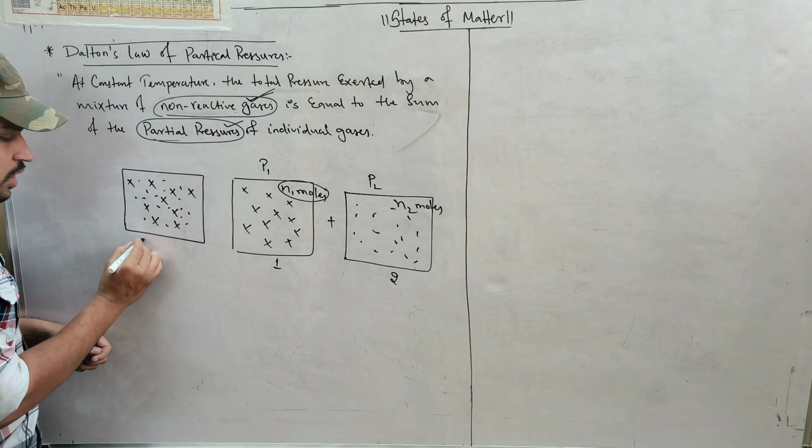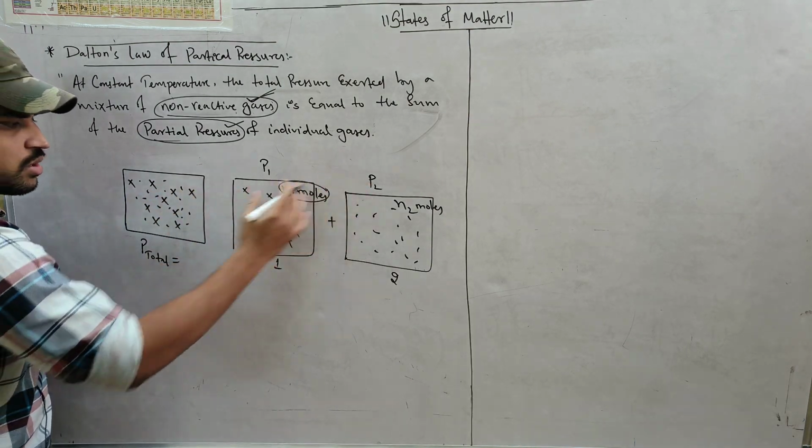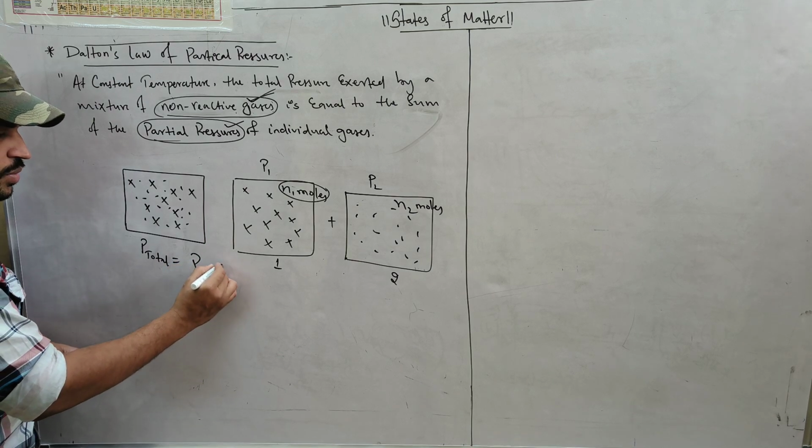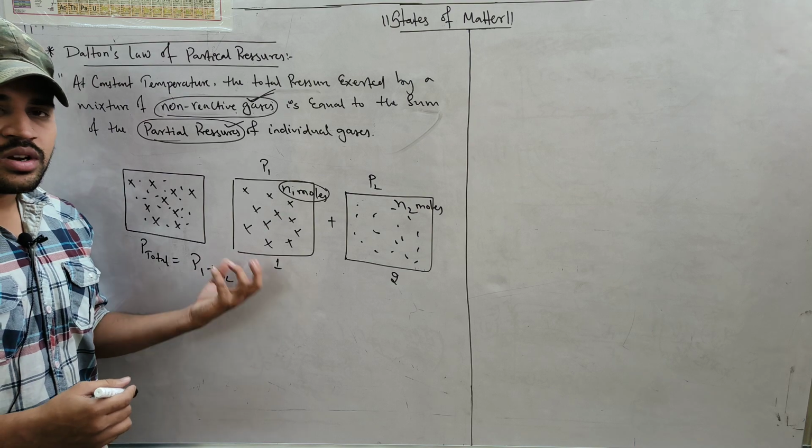That means this P total, the total pressure exerted in this container, is nothing but P1 plus P2, the sum of their partial pressures.